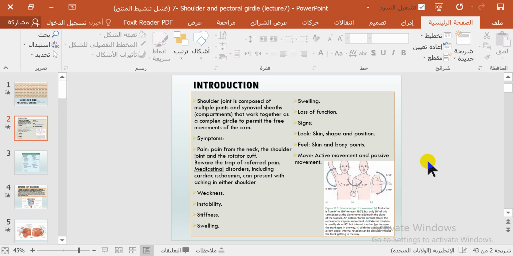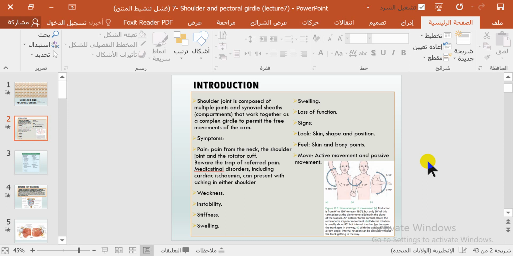We come to the signs and symptoms of a disease in the shoulder. First of all, in any orthopedic problem, the pain may come from the neck, the shoulder joint, the rotator cuff, or the entrapment of nerves, or be referred pain.